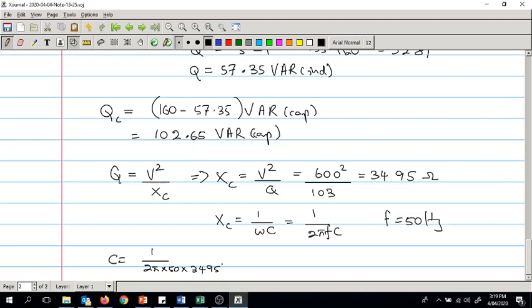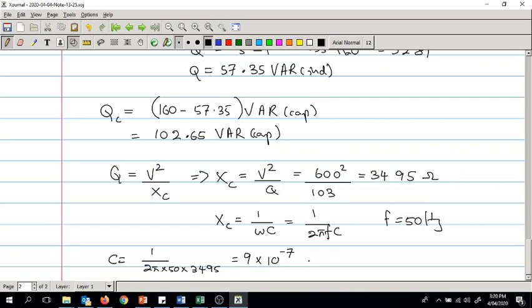So that's 1 divided by, within brackets, 100 pi into 3495, which is approximately 9 into 10 to the power minus 7 farads, as I can see in my calculator.